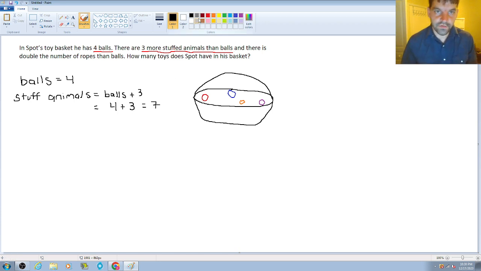Now I'm going to try to draw some stuffed animals here, but they're not going to be anything too crazy, so I'll just represent it as the brown circles, and then maybe I'll put little ears on them. There we go. I can't draw very well, so I apologize. So there's 7 stuffed animals in the basket. And one more.